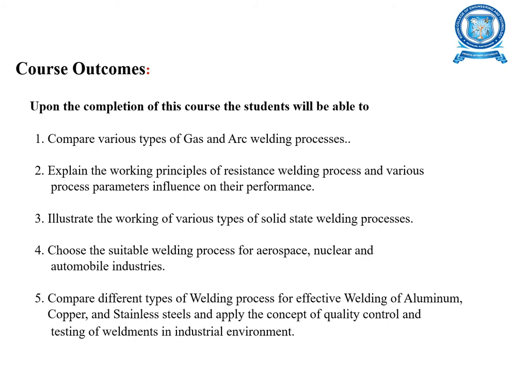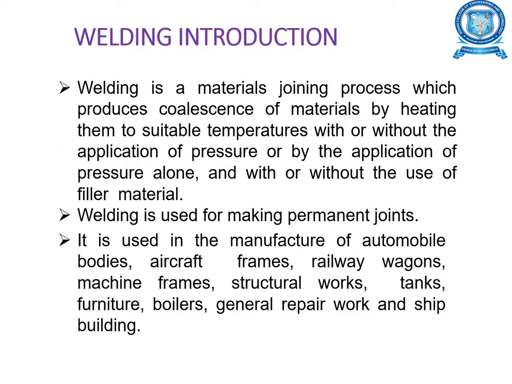Unit 4, the students will be able to choose the suitable welding process for aerospace, nuclear, and automobile industries. Unit 5, the students will be able to compare different types of welding process for effective welding of aluminum, copper, and stainless steels, and to apply the concepts of quality controls and testing of weldments in industrial environment.